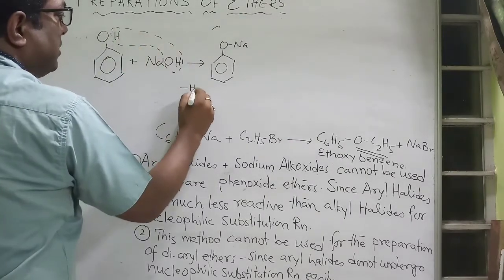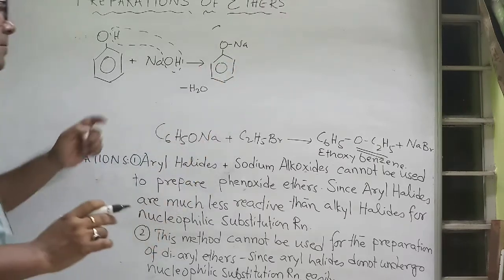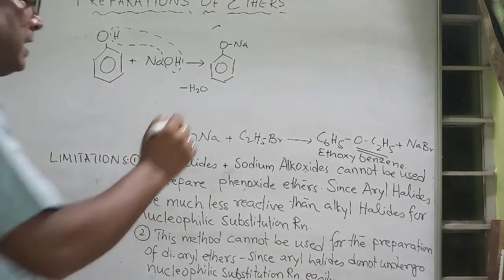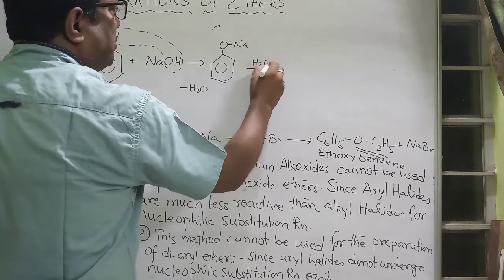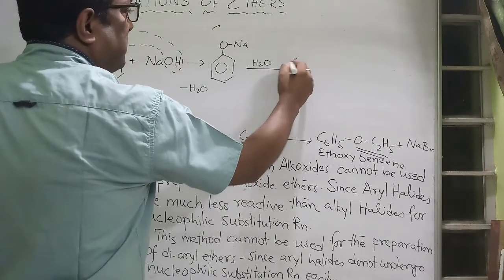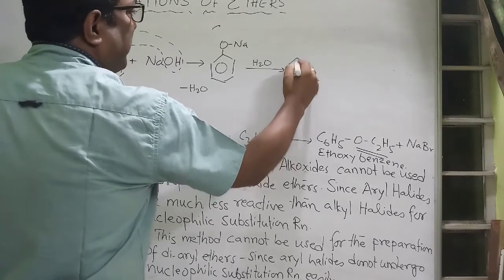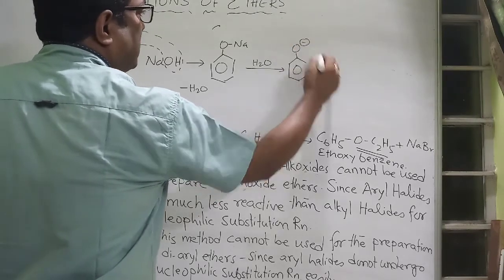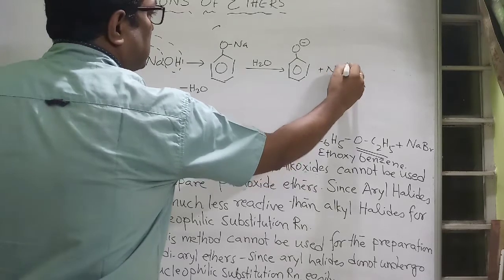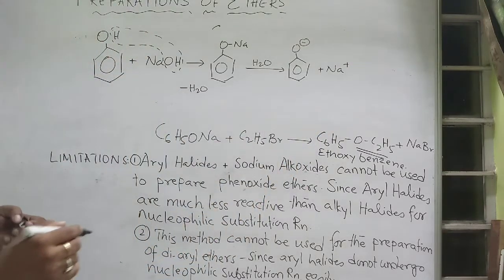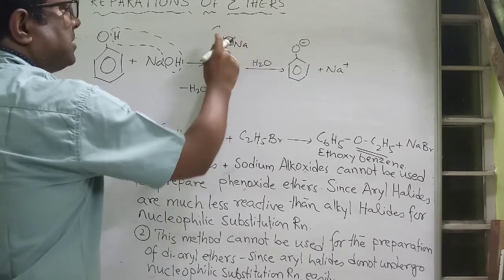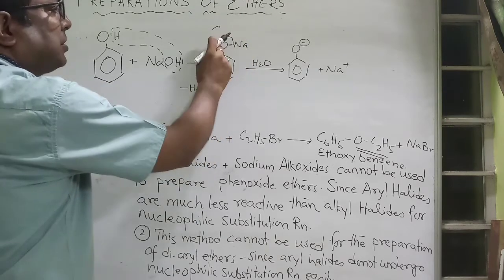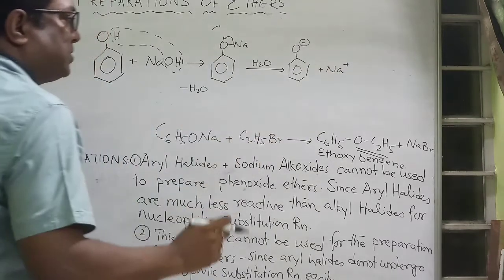So water will be lost and sodium phenoxide is going to form. Now when you put it in water, it breaks up into the phenoxide part, O minus, and Na plus. So this is the mechanism. The oxygen takes the electron, and sodium gets a positive charge.